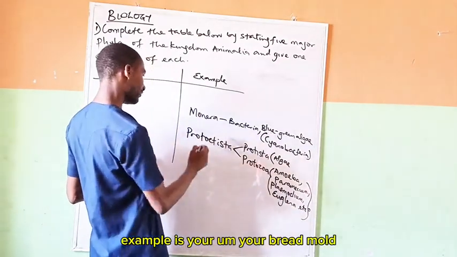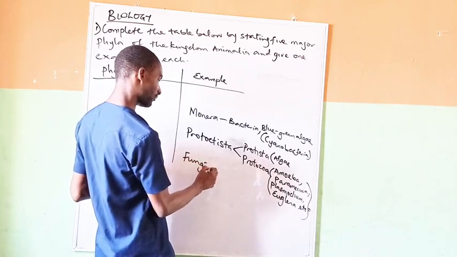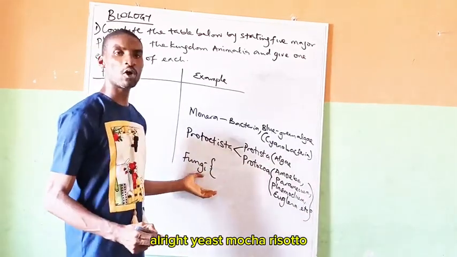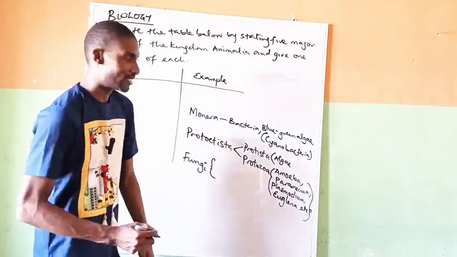And then you have kingdom Fungi. Under this kingdom, they are the saprophytic organisms that feed on dead, decaying organic matter.